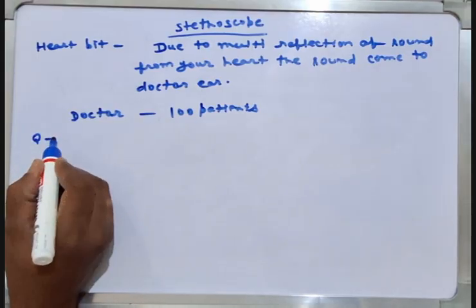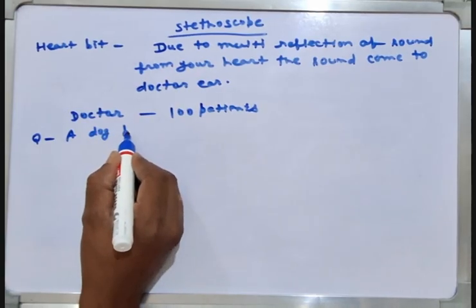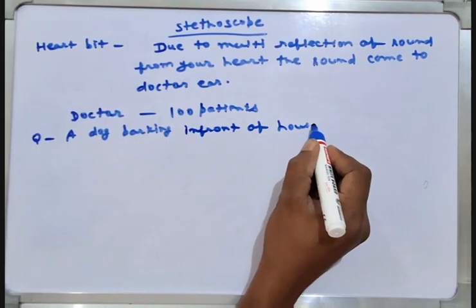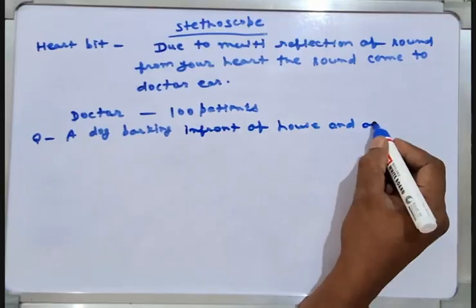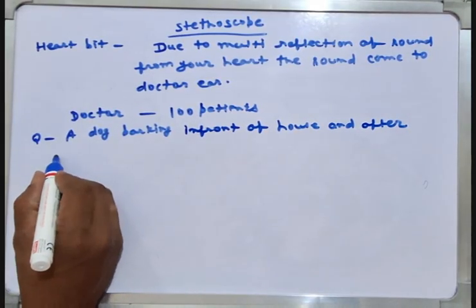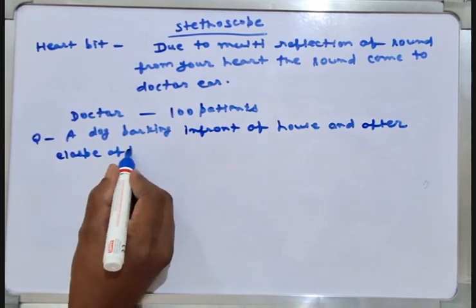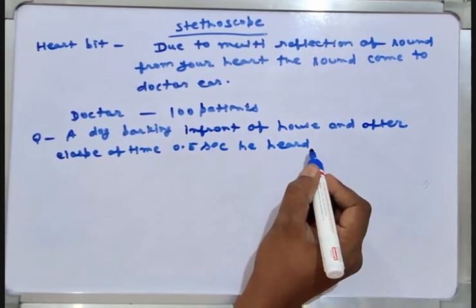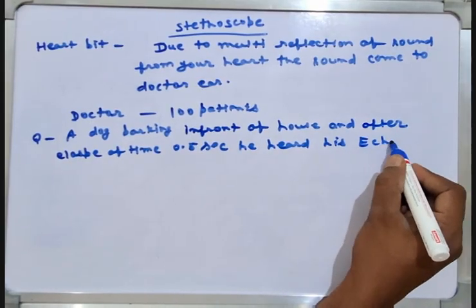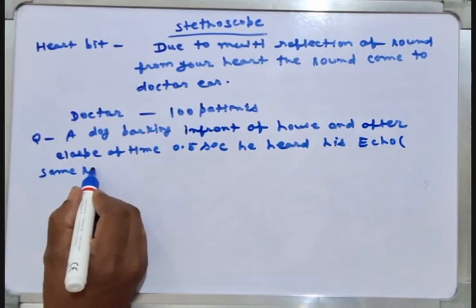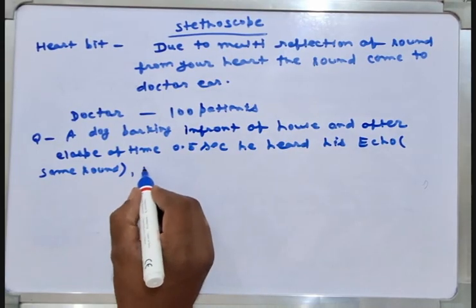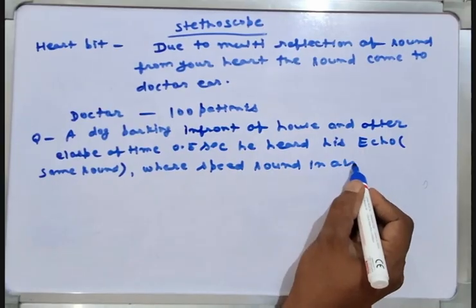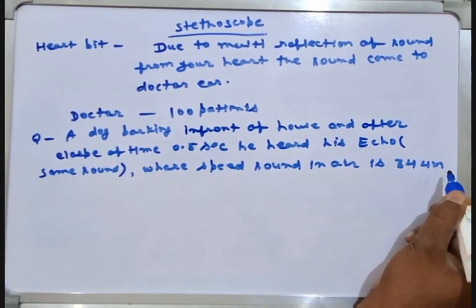Okay, so question guys here: a dog barking in front of a house, and after elapse of time 0.5 second he heard his echo, or you can say the same sound, where the speed of sound in air is 344 meter per second.